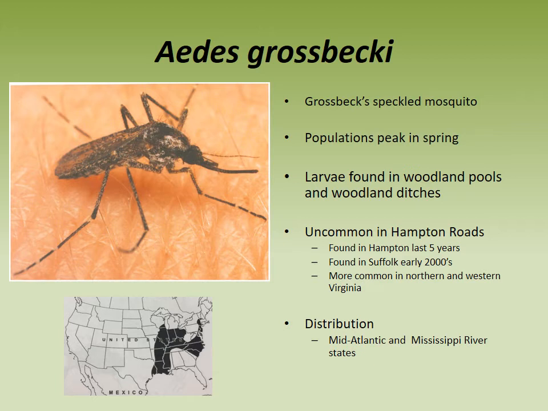Certain cities have been finding them on the regular, like Hampton. For Suffolk, we have not found this species since the early 2000s. They are more common in the more northern and more western parts of Virginia. And then the distribution, mid-Atlantic and Mississippi River area.